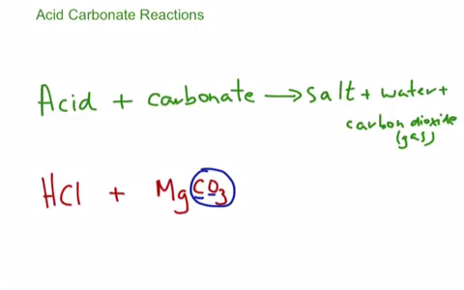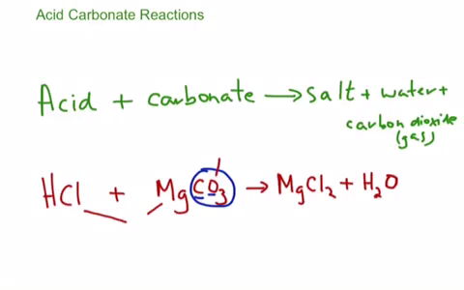But in an acid carbonate reaction, an acid, hydrochloric acid, mixed in this case with magnesium carbonate, will make a salt. In this case, magnesium chloride. So the magnesium has recombined with the chlorine to make magnesium chloride, plus water, H2O.